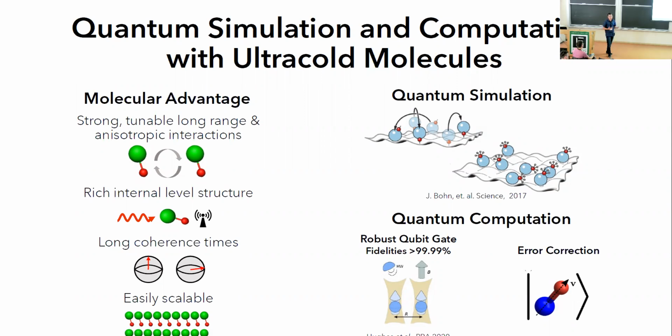They see that with very reasonable experimental parameters that one can achieve in the near future, one can expect two-qubit gate fidelities of well over four nines. So this seems like a very promising platform. And there's also been theoretical work showing that using ultracold molecules as qubits naturally leads to a way to do quantum error correction for this system.